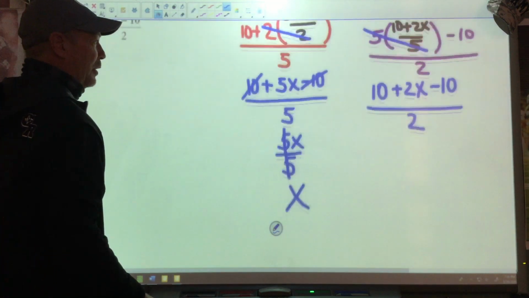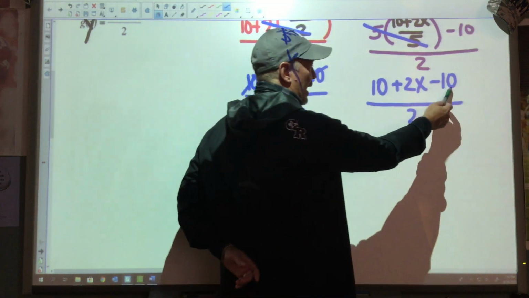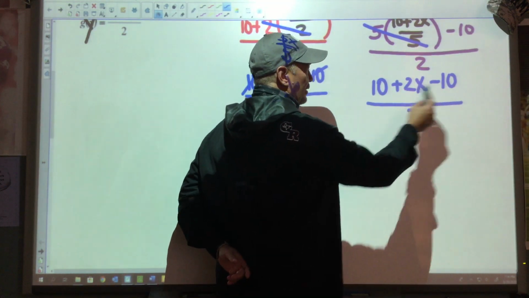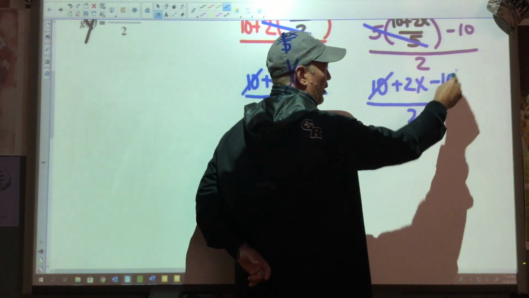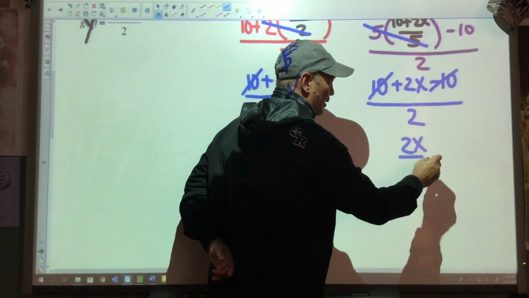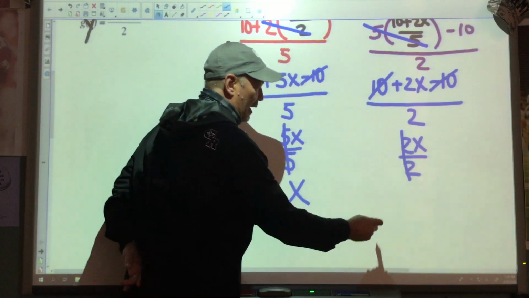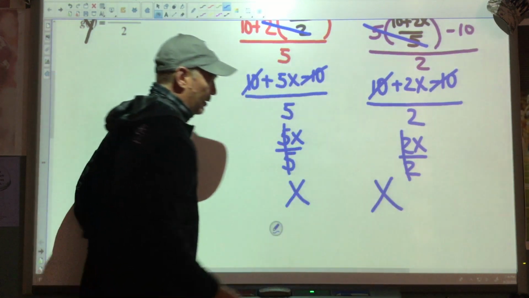Looks a lot like the previous side. I have a positive 10. I have a negative 10. These two will cancel each other out. I'm left with 2x divided by 2. The 2's are going to cancel, and I'm left with an x.